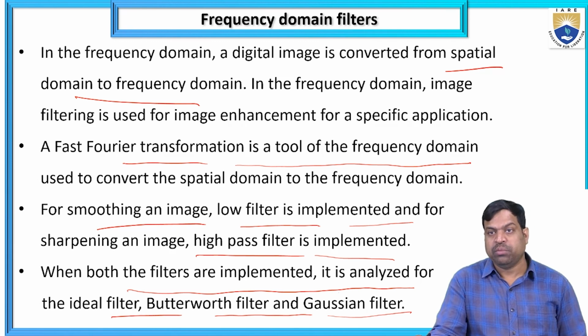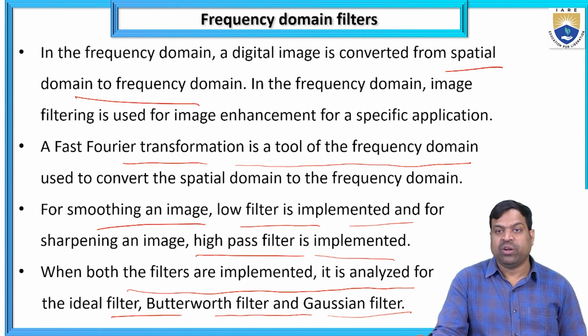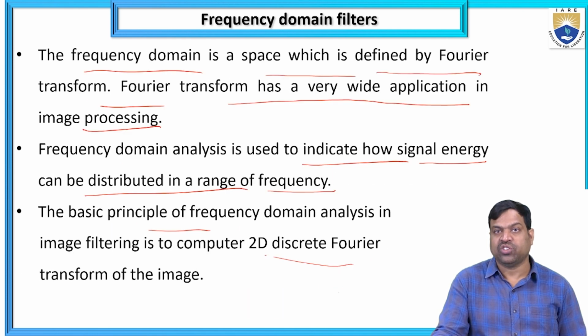So, smoothing of an image is implemented by a low pass filter, and sharpening of an image by a high pass filter. Both filters are implemented by analyzing the ideal filter, Butterworth filter and the Gaussian filters. Okay, these are the advantages of low pass filters with spatial and frequency domain.